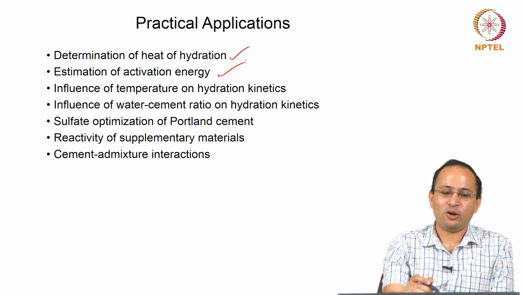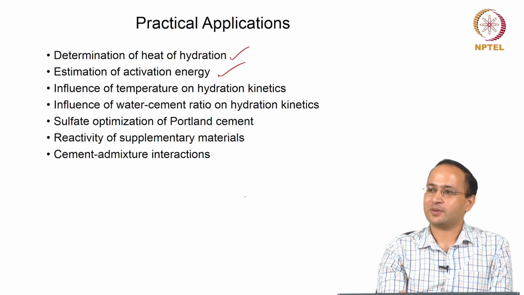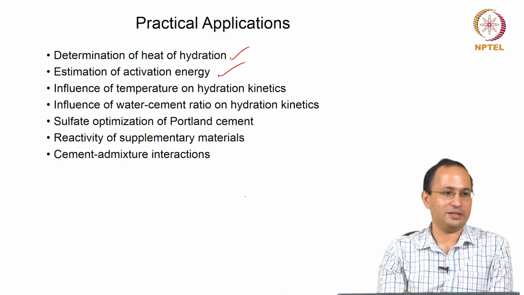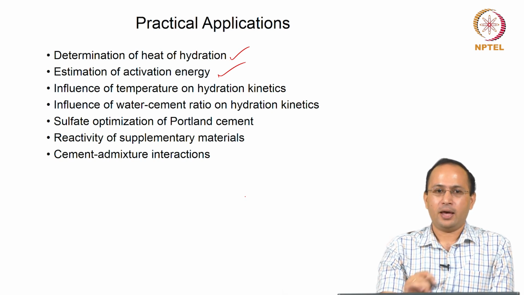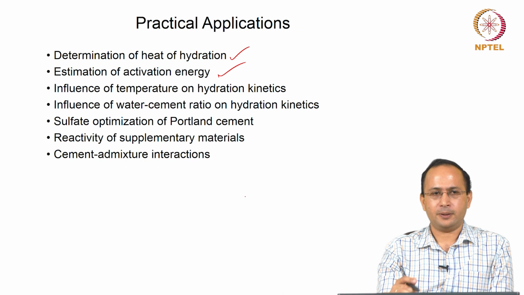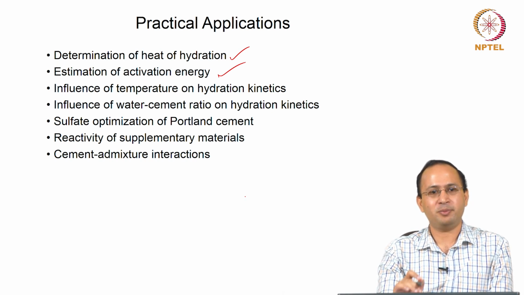If you do that, you can also calculate the activation energy, because when you have data at different temperatures, you can calculate the activation energy. I will look into the method we can use to calculate the activation energy, and tomorrow I will also talk about the homework assignment which will be based on the calculation of activation energy.